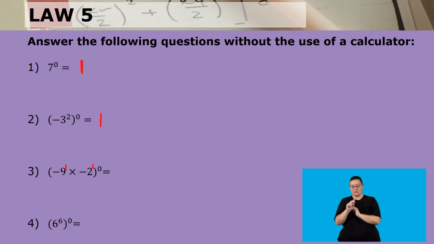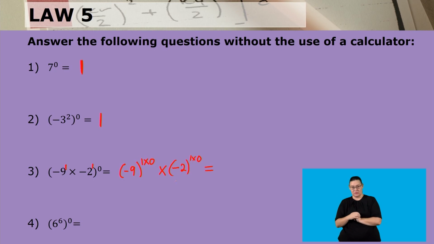So now we have a negative 9 and we have an exponent 1 multiplied by 0 because that exponent has been raised to this product. So each exponent within the product must be multiplied with the raised exponent. Then we are multiplying this by a negative 2 and we have 1 multiplied by 0.